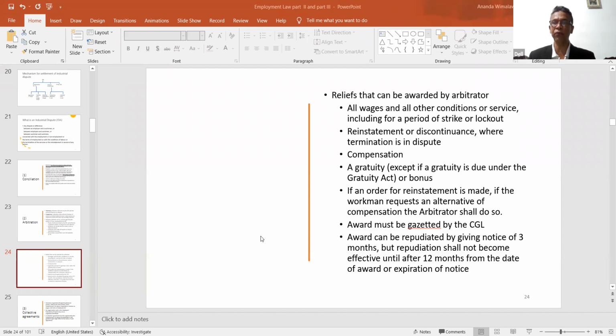From the date of award or expiration of notice.